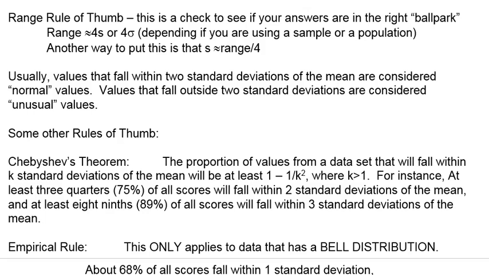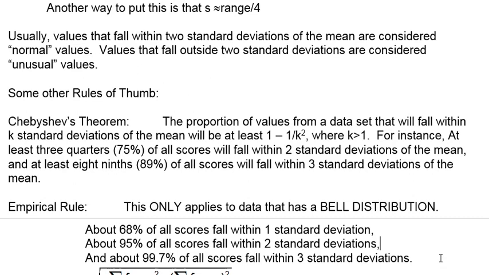So if something is approximately normal or a Bell distribution, we can say about 68% of the scores fall within 1 standard deviation, about 95% fall within 2, and 99.7% fall within 3. So Chebyshev's theorem works no matter what distribution we have. The empirical rule only applies to a Bell distribution.